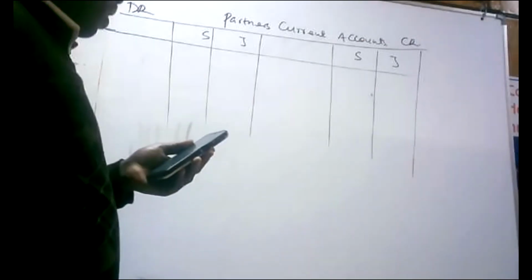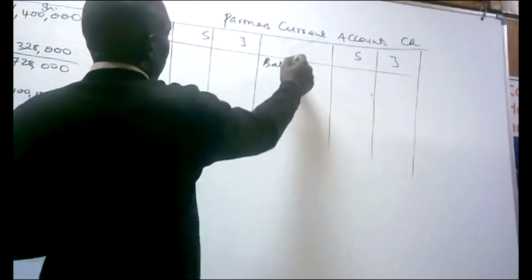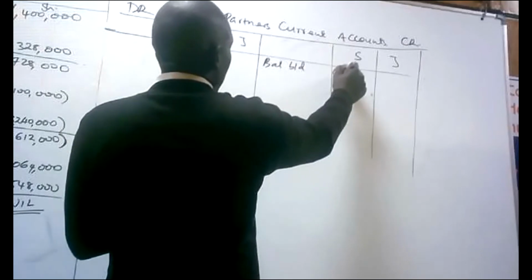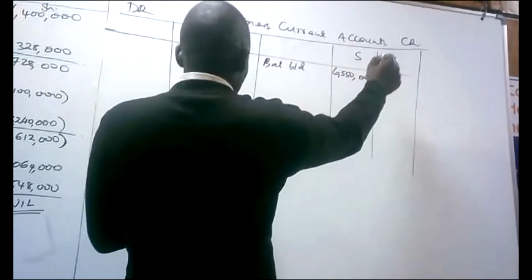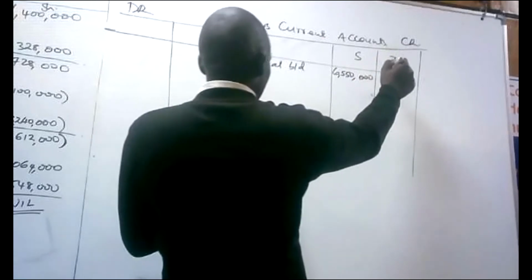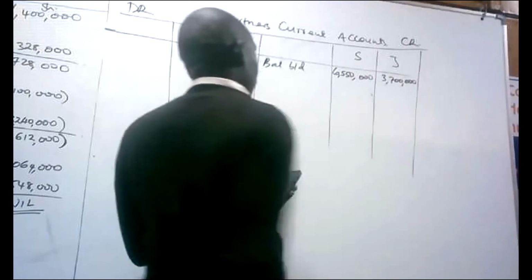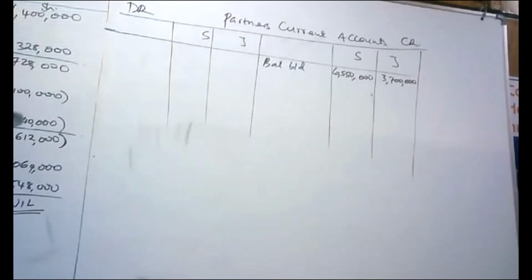So we say balance b/d, starting 6,550,000. Job is 3,700,000.